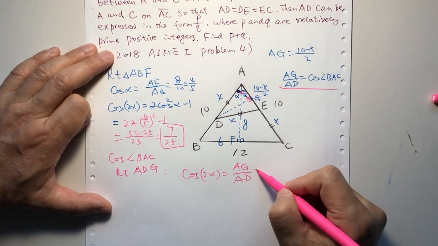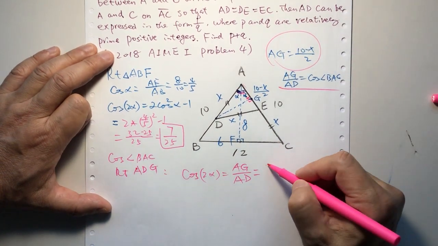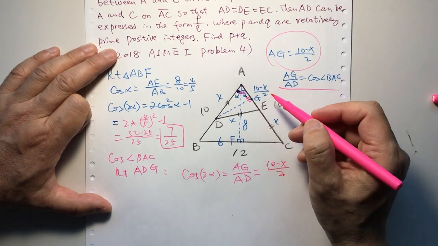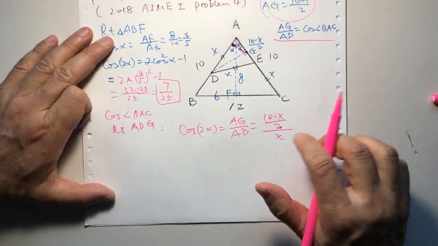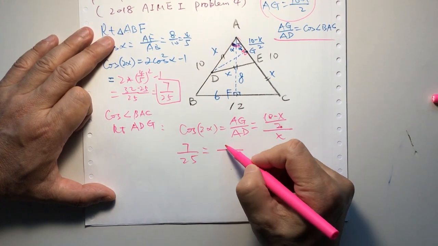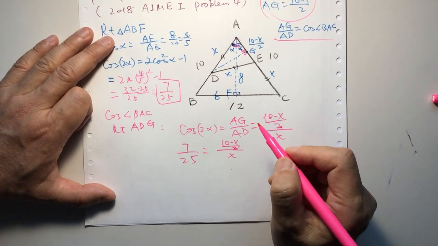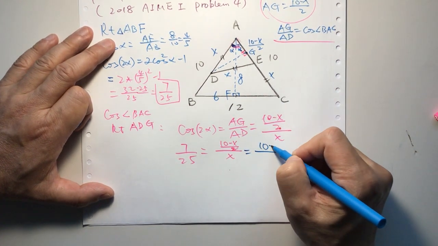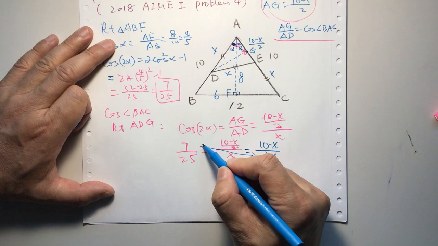AG we just know here, 10 minus x over 2, and AD is x, right? So it means 7/25 equals 10 minus x over 2 over x. Then we get 10 minus x over 2x, and then we can do cross multiplication.